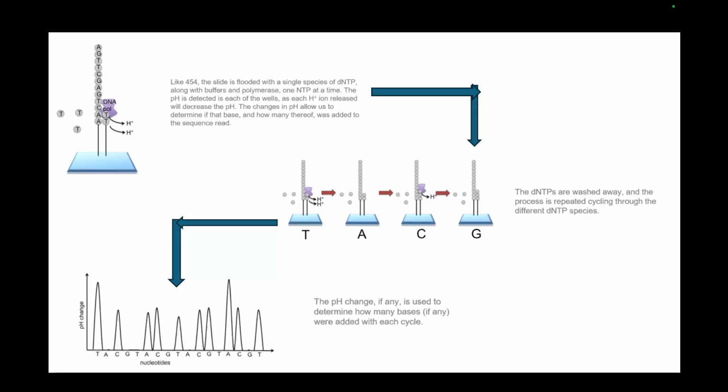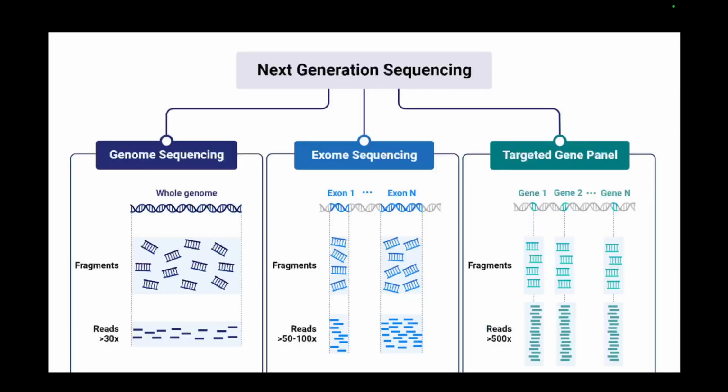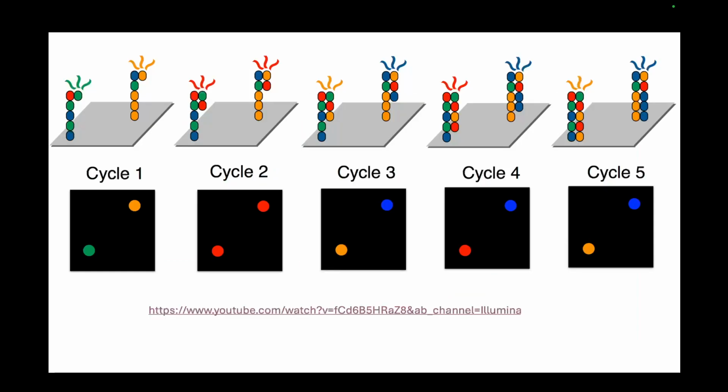So just to give a recap of what we have been discussing. In next generation sequencing, we discussed pyrosequencing, which used light and the luciferase enzyme to tell you what nucleotide is present at what position. Next, we talked about Illumina sequencing. This also used ddNTP sequencing by synthesis and also emitted light, and a machine captured it and told you what base pair is present at that particular point.